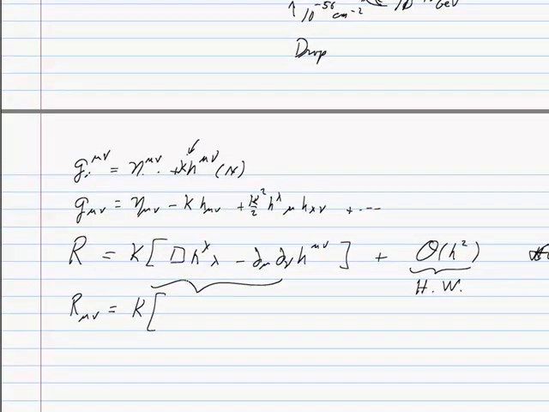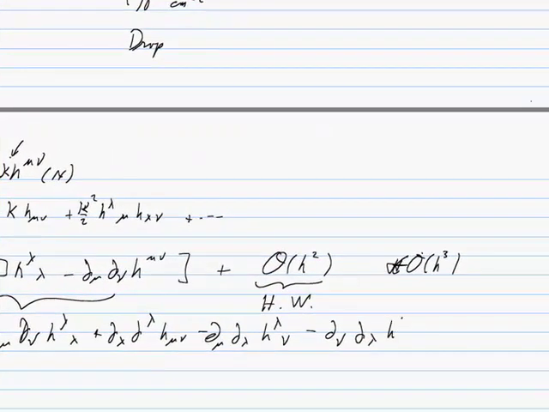It's got a lot of terms, but d mu d nu h lambda lambda, d lambda h mu nu minus cross terms d mu d lambda h lambda nu minus d nu d lambda h lambda mu. Okay. So then there's higher order pieces there also.